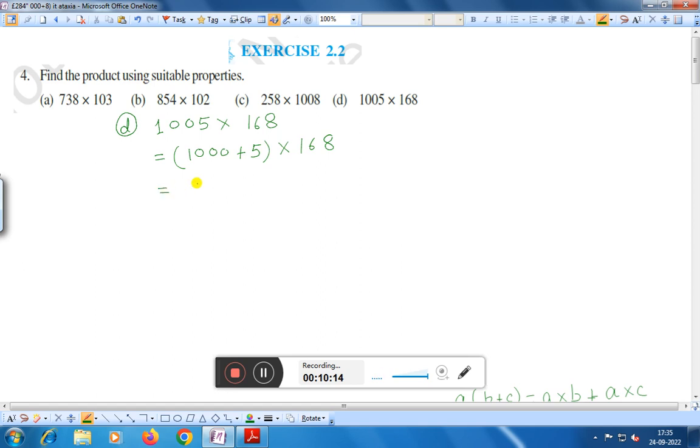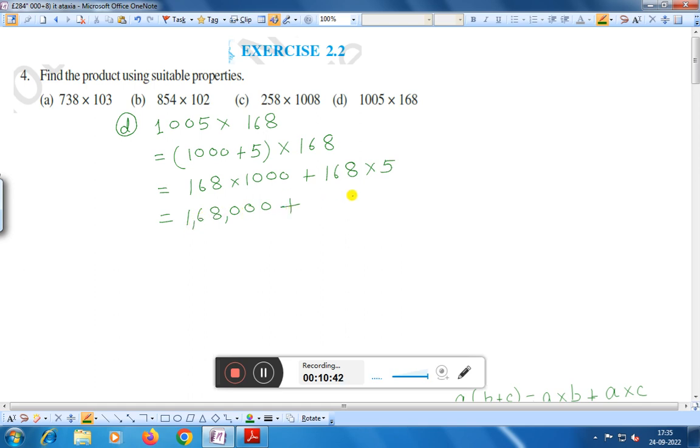Now if we multiply 168 into 1000 plus 168 into 5. Now if we multiply this one, we are getting 168000. Put the commas here after 3 digits, then after 2 digits.